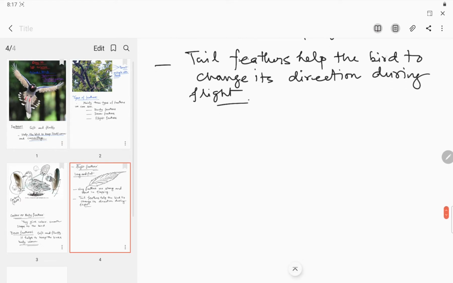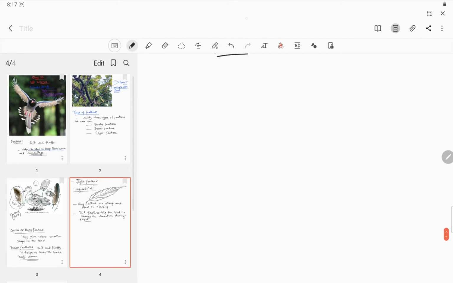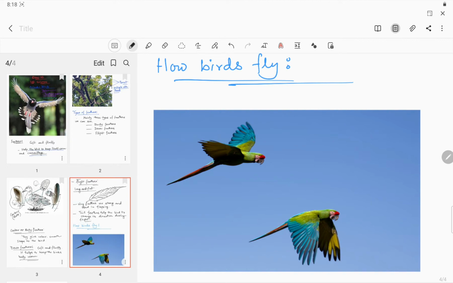So now we are going to discuss how birds fly. As you can see in the picture, a parrot is flying using its wings.